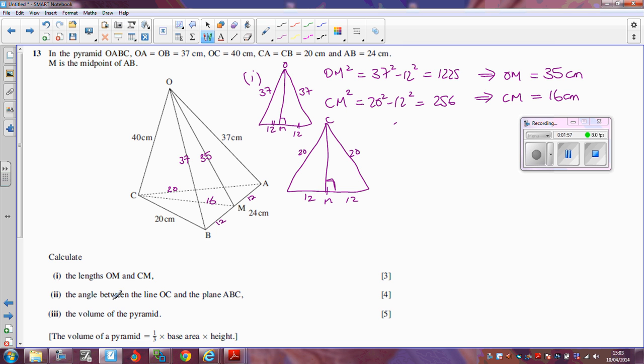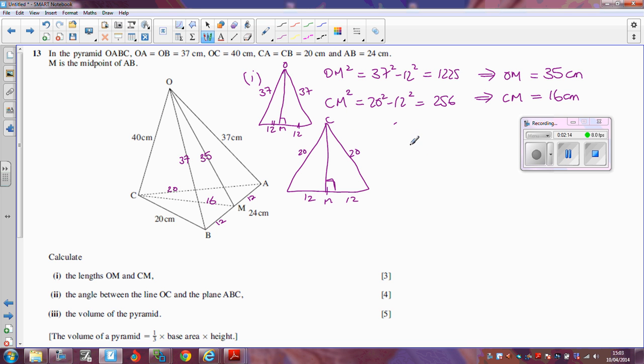Okay, it now says what's the angle between OC and the base. Now here's OC, the base is here, and the angle that we need between OC and the base is actually going to be this angle, OCM. So we want angle OCM.